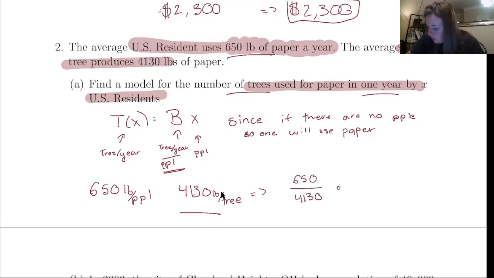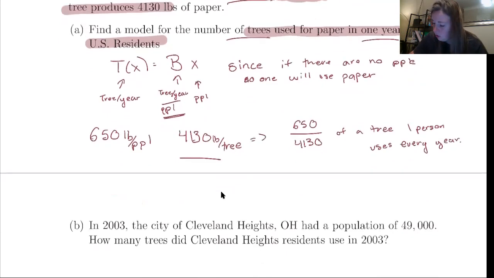That's how much of a tree one person uses every year on average. I think that makes a little bit more sense than the unit thing I was saying. All right. So on average, that's how much of a tree each person uses.